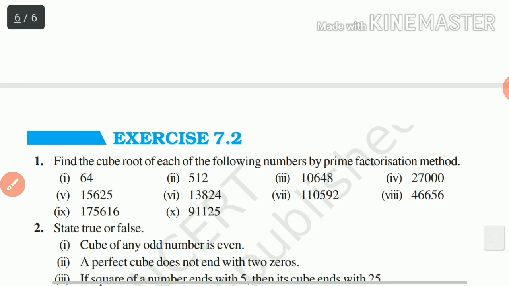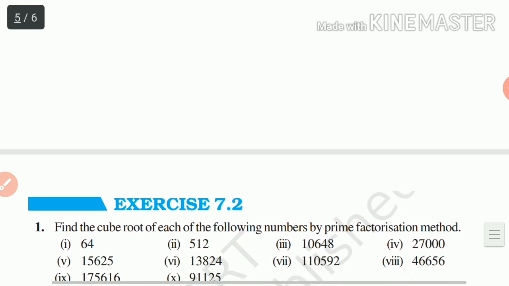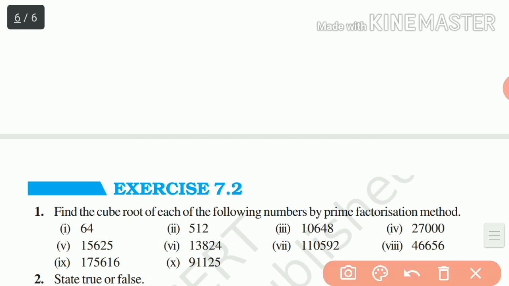Now let's start to solve the exercise questions. Exercise 7.2: find the cube root of each of the following numbers by the prime factorization method. First is 64.